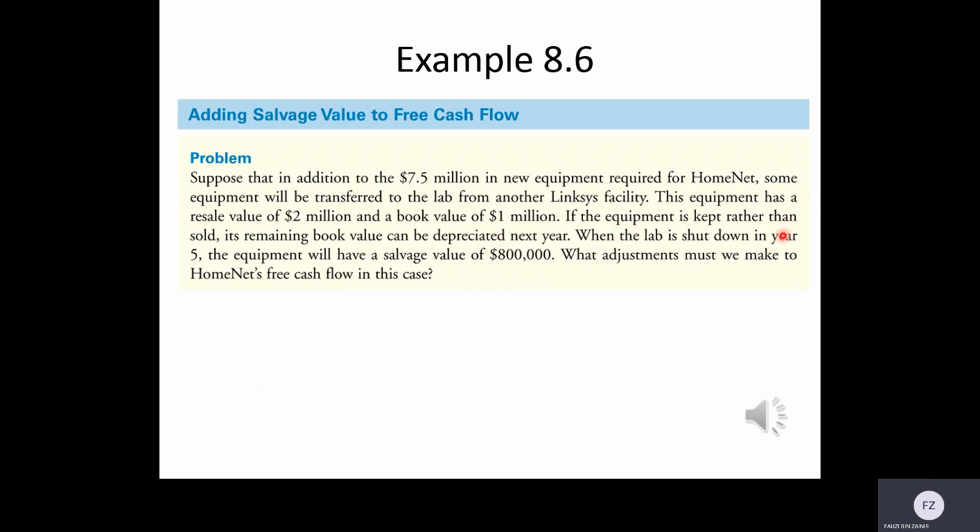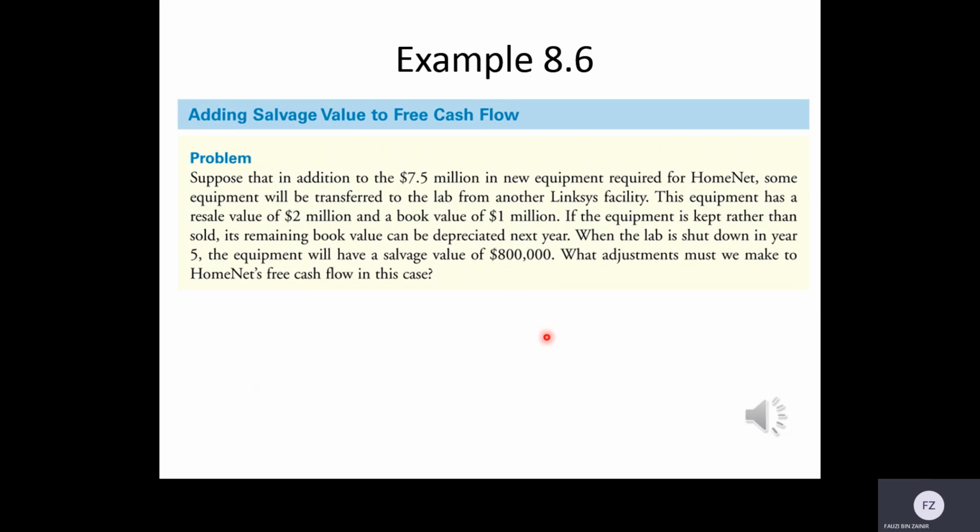If the equipment is kept rather than sold, its remaining book value can be depreciated next year. When the lab is shut down in year 5, the equipment will have a salvage value of around 500,000. What adjustment must be made to HomeNet's free cash flow in this case?